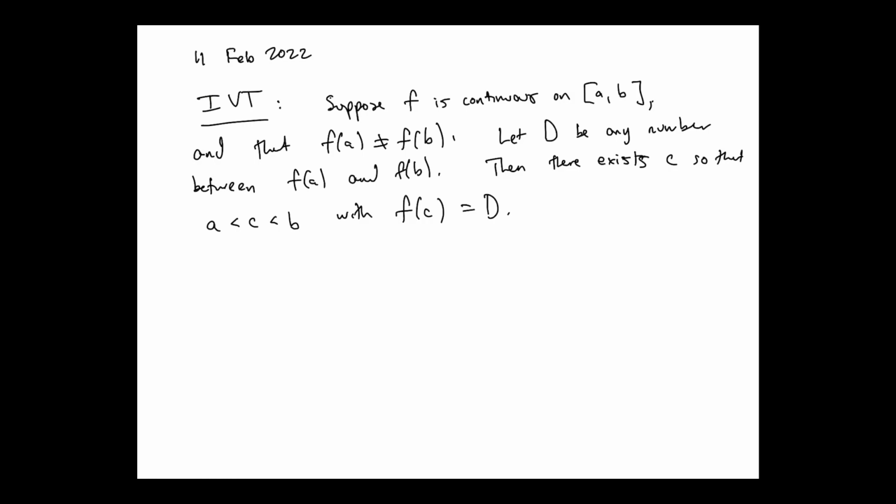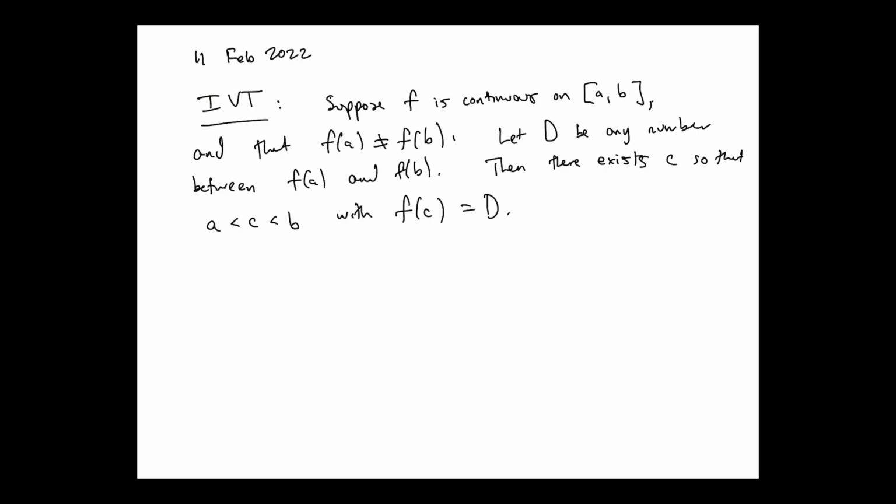They were different in the previous example, because one was positive, the other was negative, but they don't have to be positive and negative. They just have to be different from each other. So pick any number that's in between those two values. If f of A and f of B are different, there's got to be something in between them, probably a whole lot of different things. Pick any of those numbers.